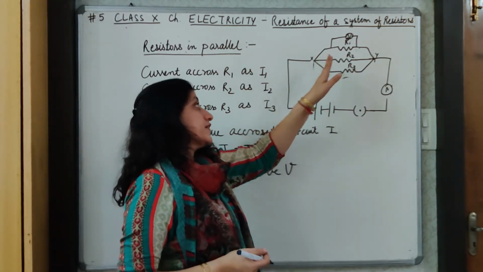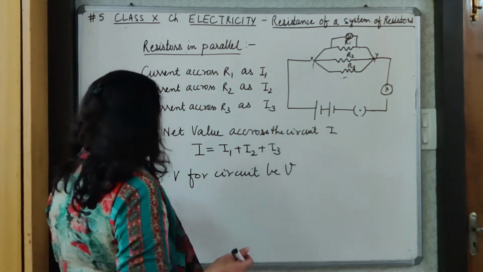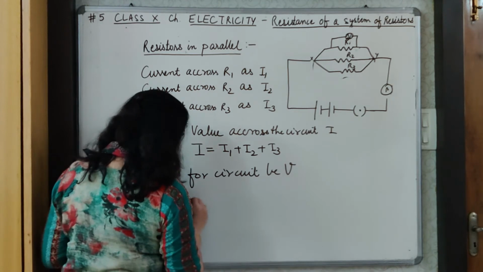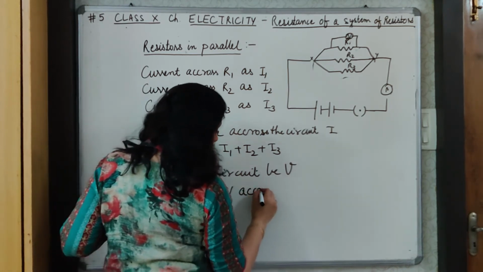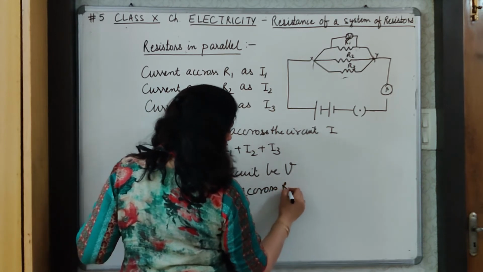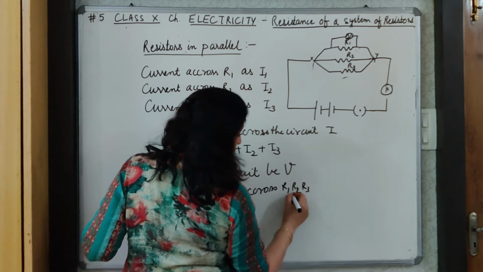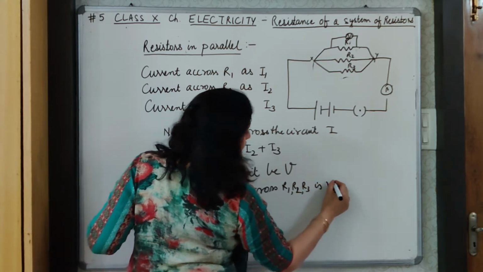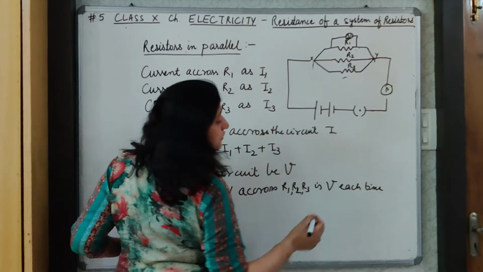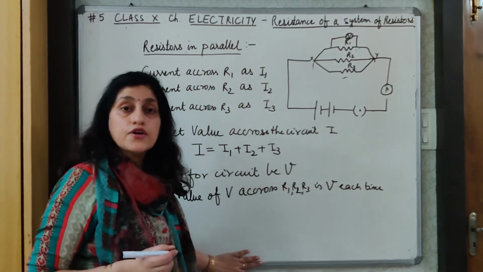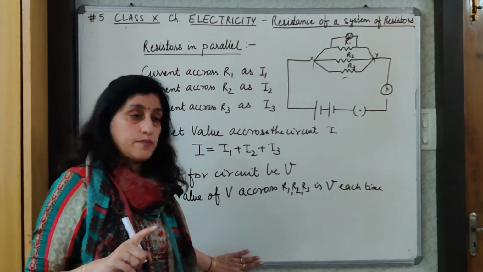When we connect it across R1, R2 and R3 one by one, it is noted that the value of V across R1, R2 and R3 is V each time, which indicates that in a parallel combination the potential difference remains the same.